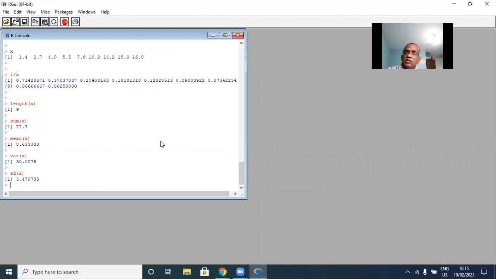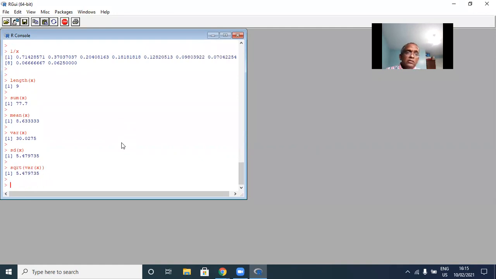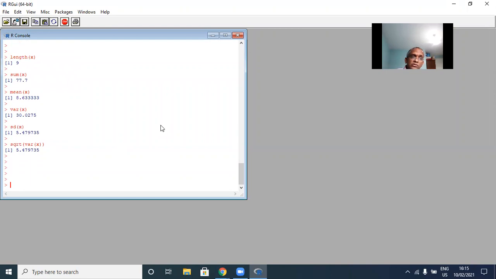All right, so the standard deviation is sd of x, right? And you can also compute the standard deviation by taking the square root of the variance, right? Okay, so you see that both these give the same answer as they should, right? All right, next thing is how to access a certain element of x.